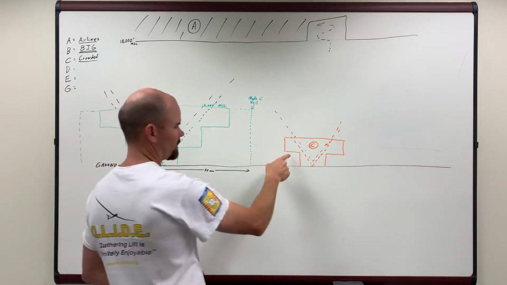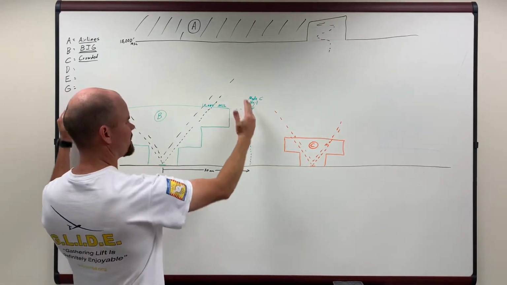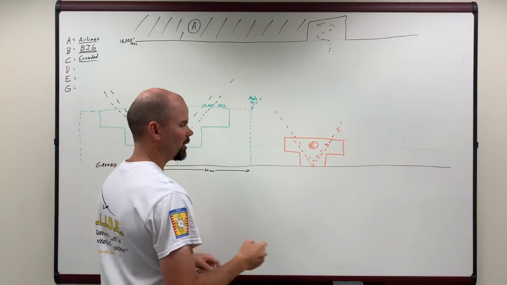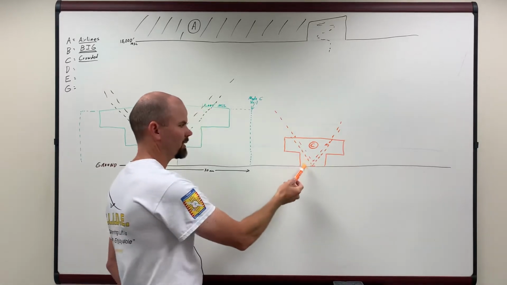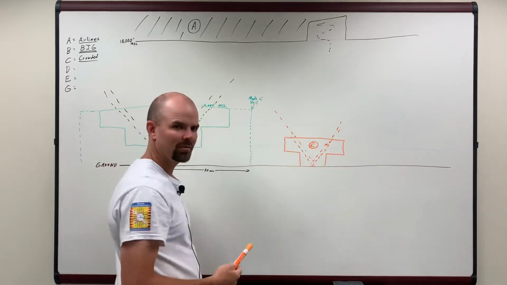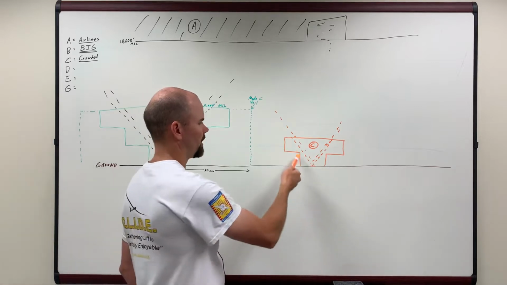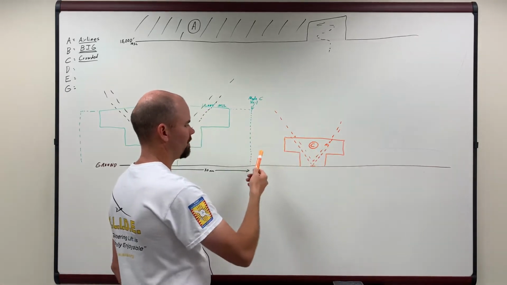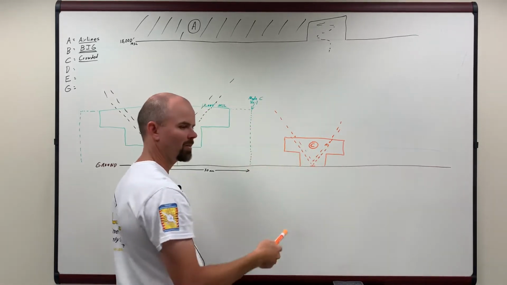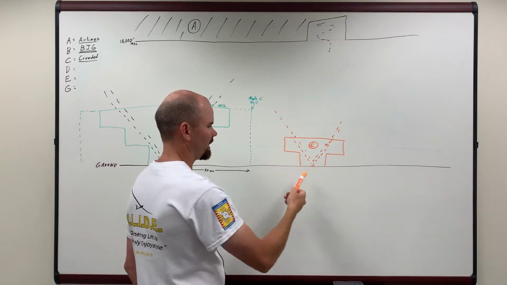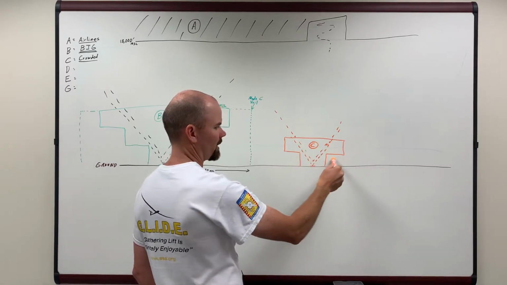Now, to enter a Class Charlie, notice there's no Mode C veil. You are required to have a transponder to get into Class Charlie airspace. A Mode C transponder with ADS-B is required in the airspace, but not required around it.